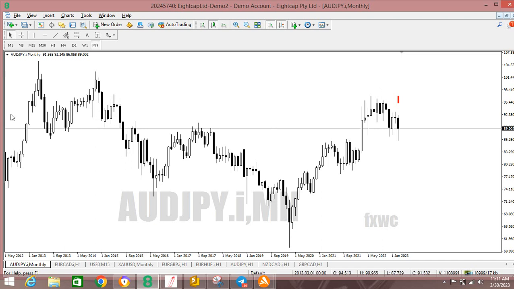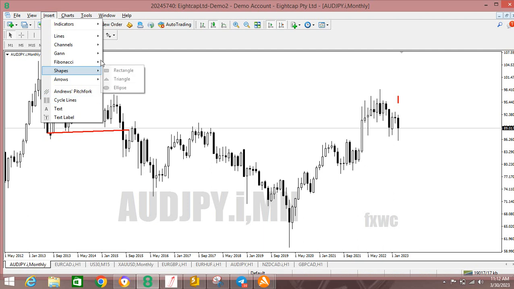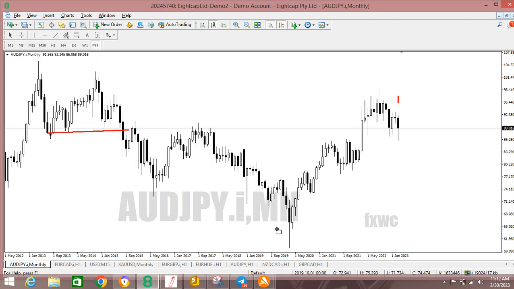If you look here, you just have a simple shoulder. You have a simple shoulder, and you have a head, and it didn't break this level. So from here to here, and then it decided to break this point. So we had a break of level here. For those who do smart money, we're going to loudly say structure break. That is where the structure decided to break.